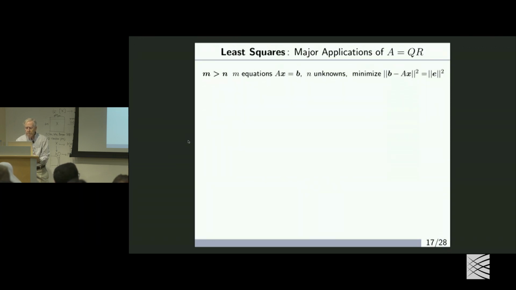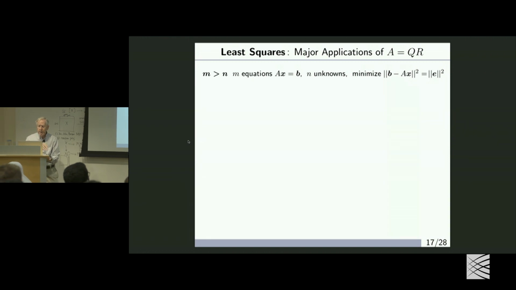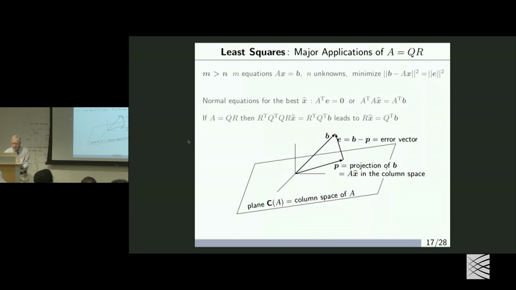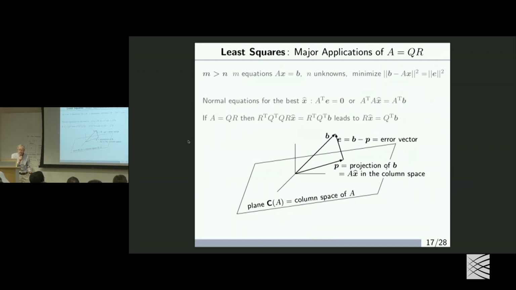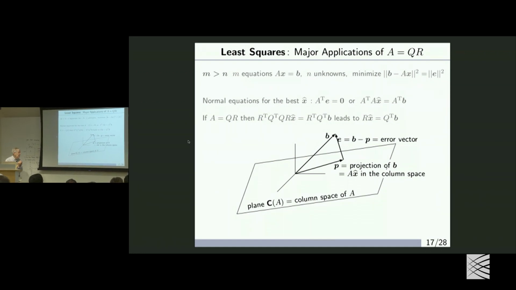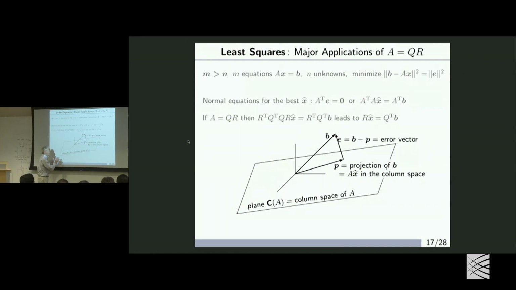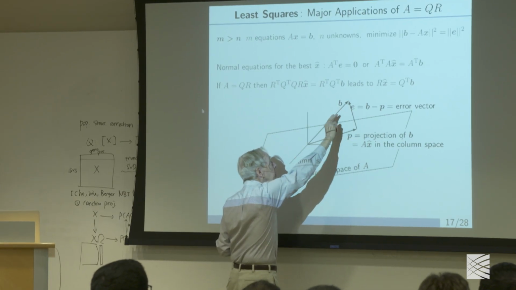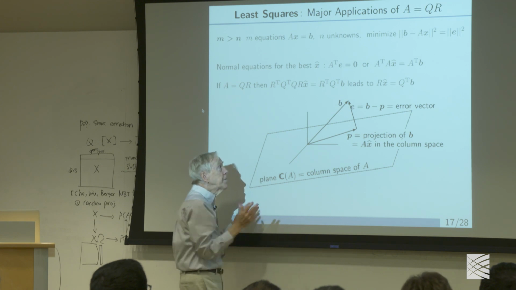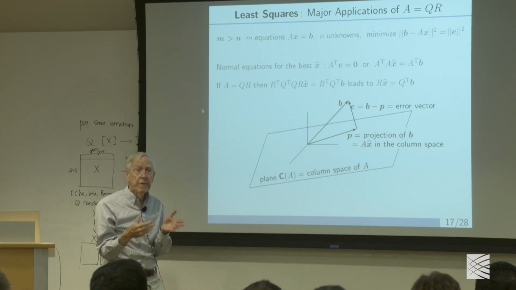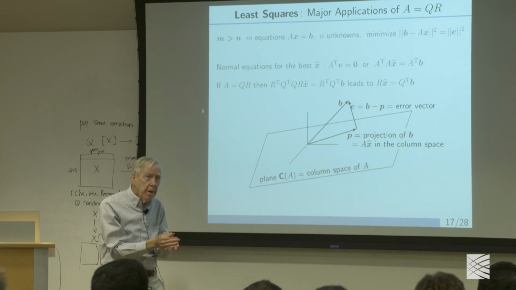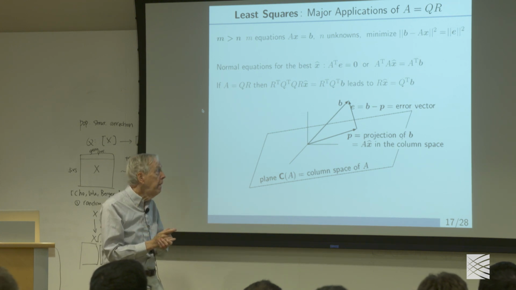So this A equals QR comes directly into least squares as it did in the morning lecture, and projections. I'm skipping some nice geometry here. Least squares amounts to projecting your vector B, your right-hand side. Least squares is for equations that you can't solve exactly. You can't solve Ax equals B. You've got too many equations, too much data.